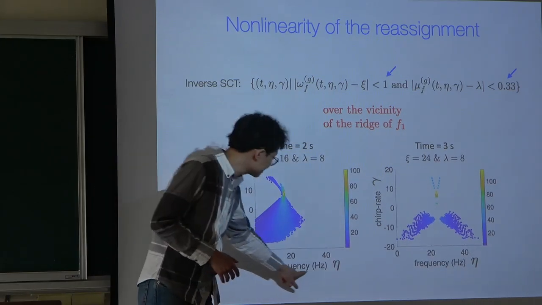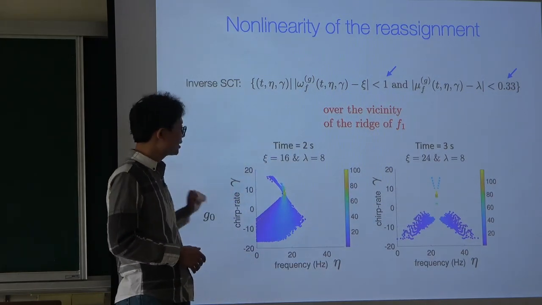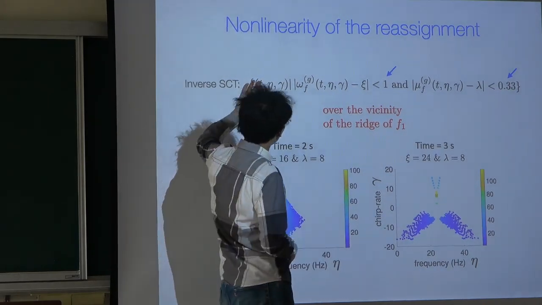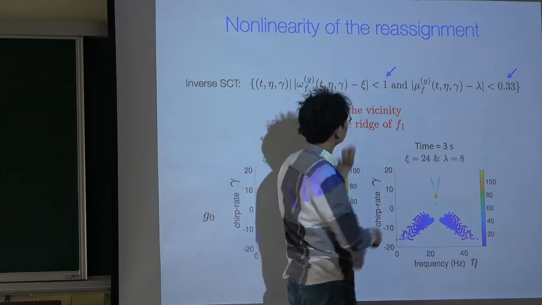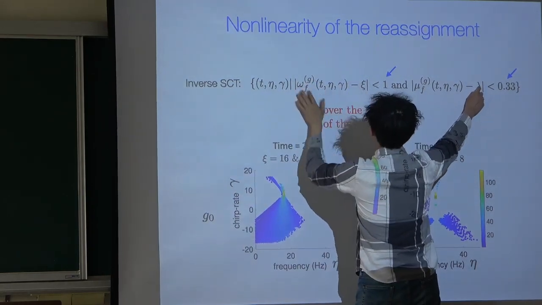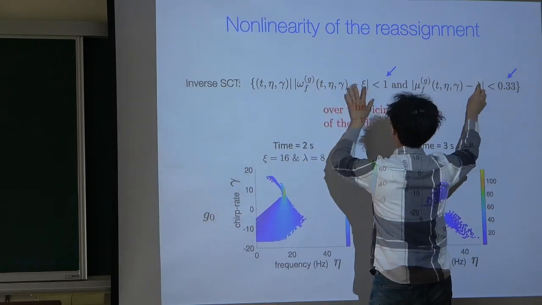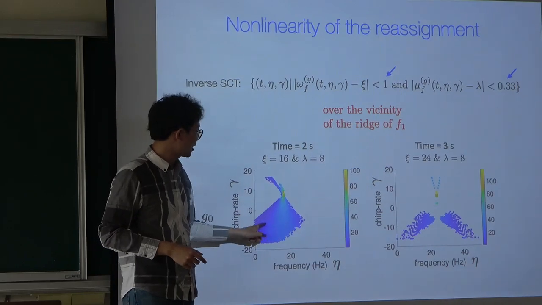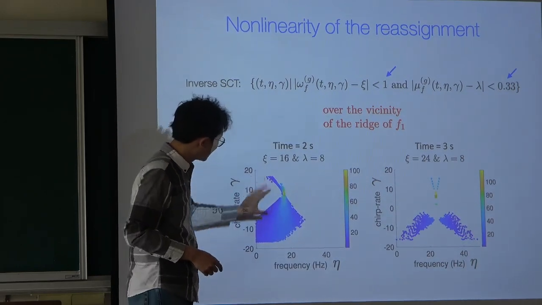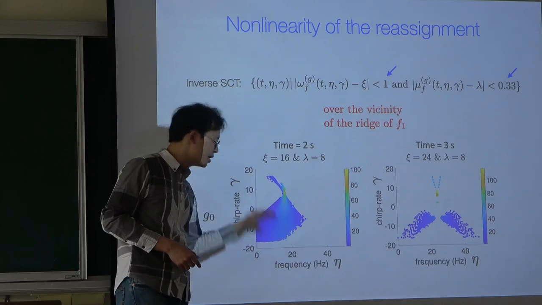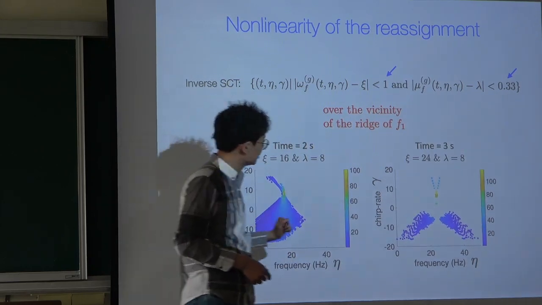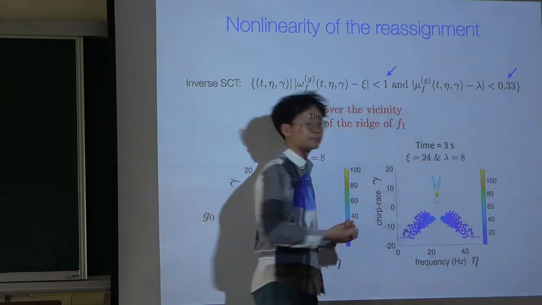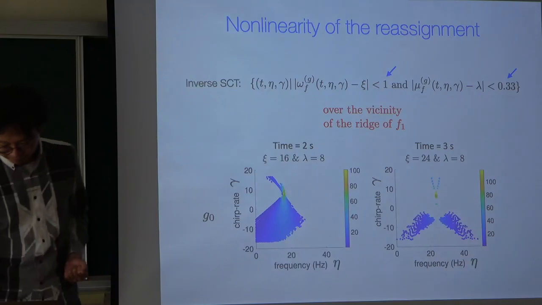So if you look at the frequency eta and the chirp rate gamma, and you focus on everything at fixed time, and you focus on the c and the lambda, and find everything that is close to eta, c, and lambda, that is the picture you get. It is kind of nonlinearly distributed on the frequency chirp domain, and that is over the interference time. You have something quite beautiful, actually.